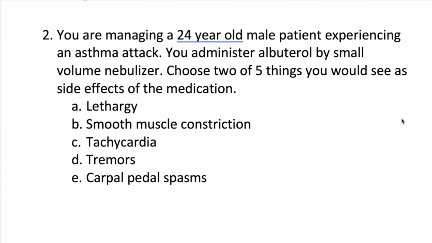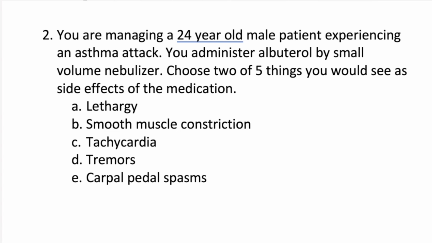If you get these on the National Registry, they will count towards your score, all right? And it's important to know that you have to get all of them correct. There is no partial credit on the National Registry exam. You have to get all of the choices correct.